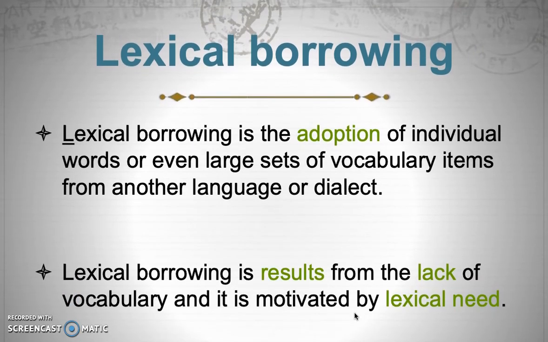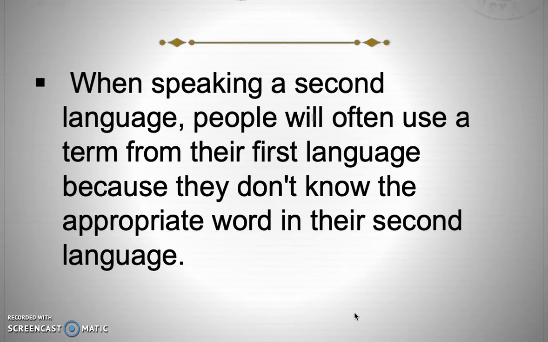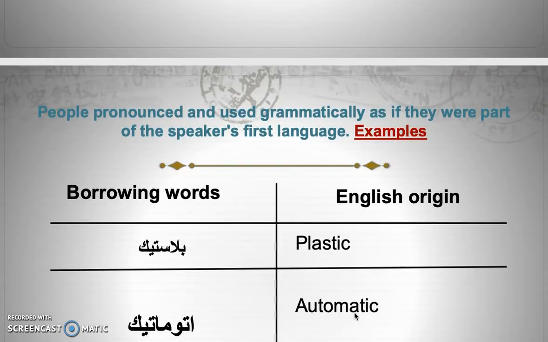So what about the lexical borrowings of code switching? Lexical borrowing is the adoption of individual words or even large sets of vocabulary items from another language or dialect. It results from a lack of vocabulary and is motivated by lexical need. When speaking a second language, people will often use a term from their first language because they don't know the appropriate word in the second language.